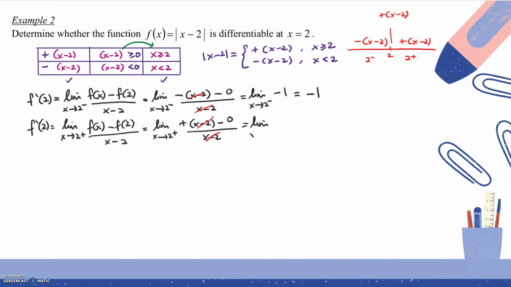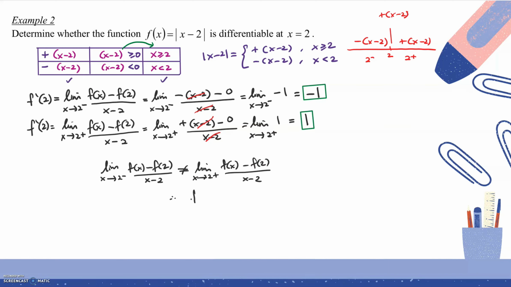So we have the limit as x approaches 2 from the right of 1. So this will be equal to 1. Now negative 1 is not equal to 1. Therefore f prime 2 does not exist. Hence f is not differentiable at x equals 2.